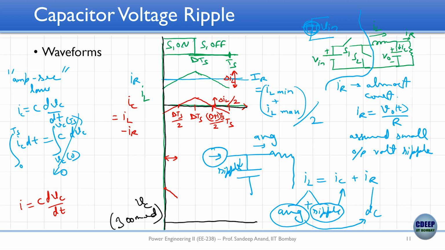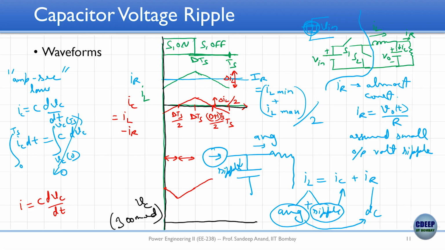Is that fine? Okay. In the second period, what is the dV by dt? Is it positive or negative? It's positive. So it will go up. Okay. The third period, what will be dV by dt? Positive. So it will further go up.